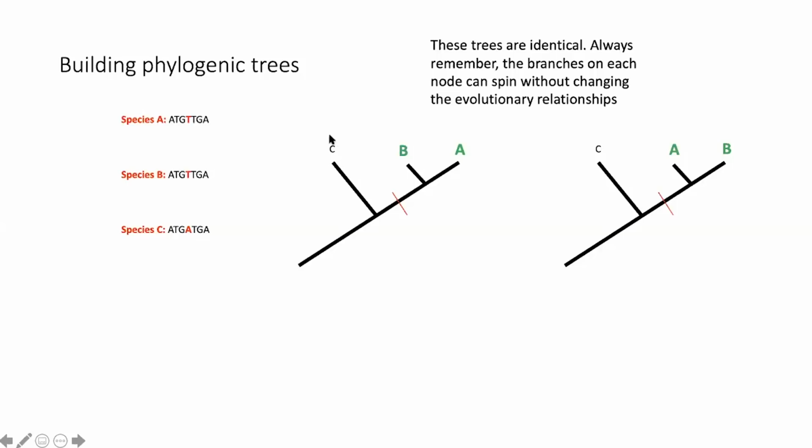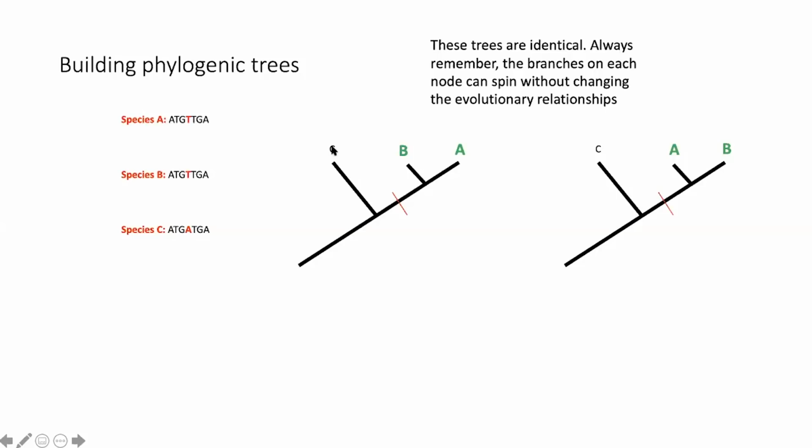They would think that, well, because C is ordered next to B, and then B is ordered next to A, that C and B are most similar to each other compared to C and A.